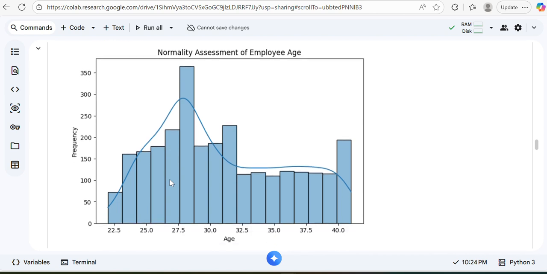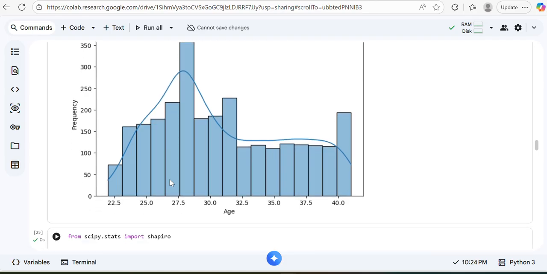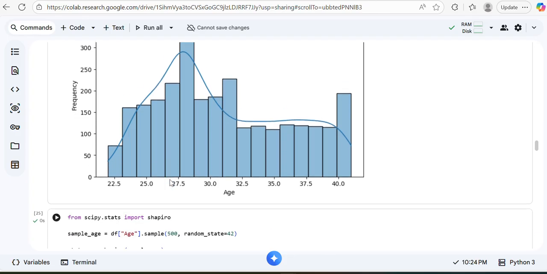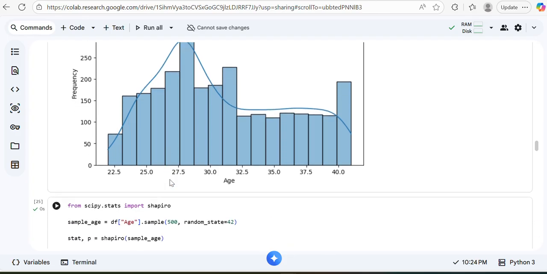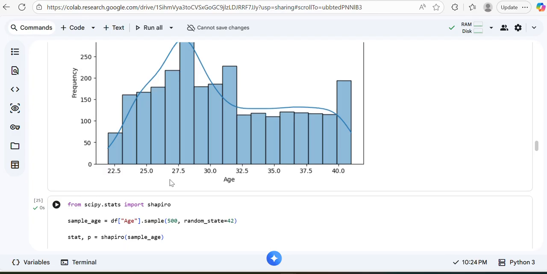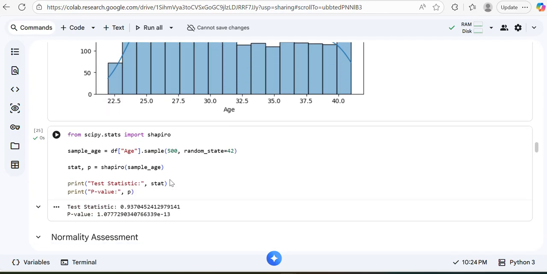The test produced a p-value smaller than 0.05, indicating that the data were not perfectly normally distributed. However, because the dataset contained over 2,700 observations, the normal distribution still provided a reasonable approximation for probability calculation.